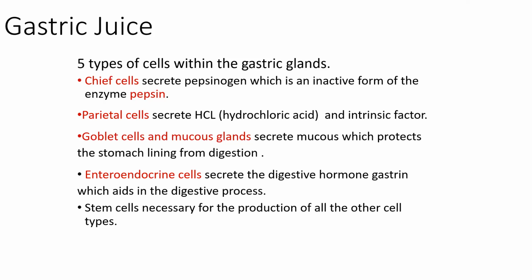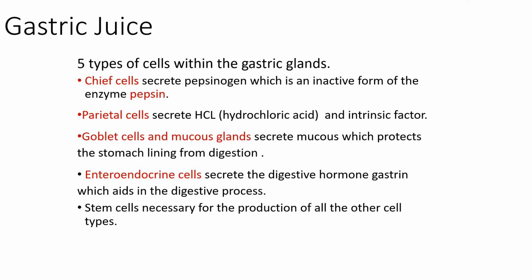So we have to cover these cells with an alkaline mucus to protect them, so we don't burn away the lining of our stomach with our own acids. So we have goblet cells and mucus glands secreting an alkaline mucus so that we don't damage the lining. They are held together with tight junctions, so there is no leakage, assuming the mucus is working.